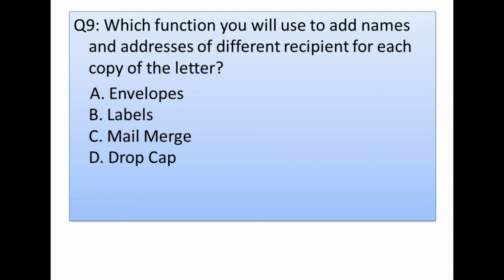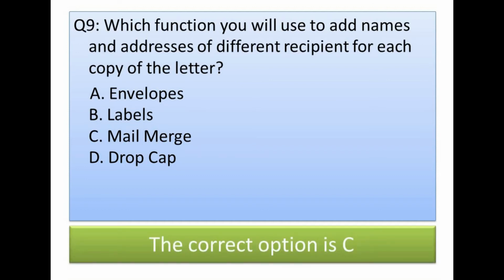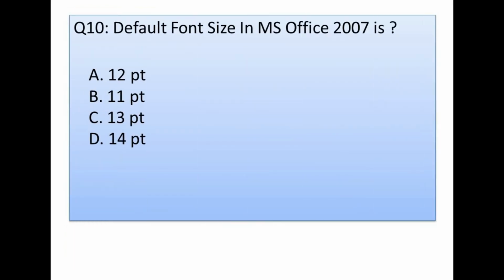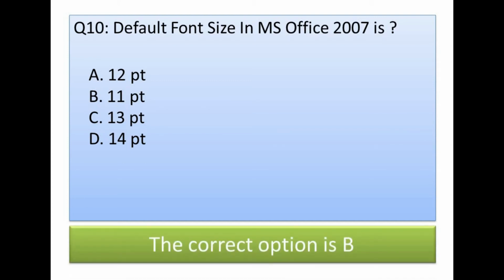Envelopes, labels, mail merge, drop cap. So the correct option is C. Default font size in MS Office 2007 is 12 pt, 11 pt, 13 pt, 14 pt. So the correct option is B.